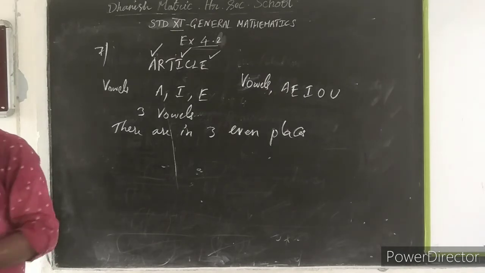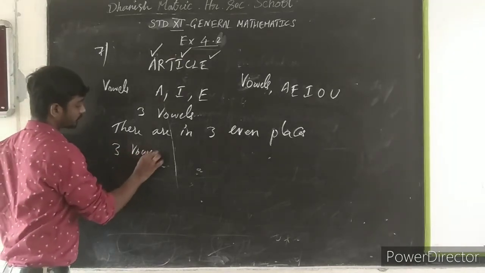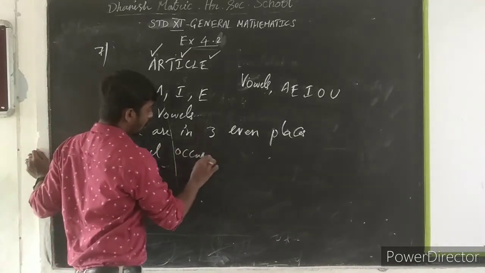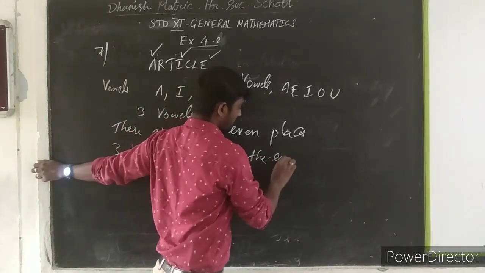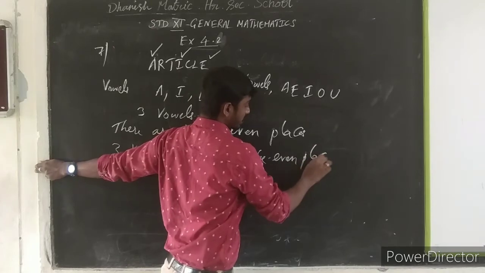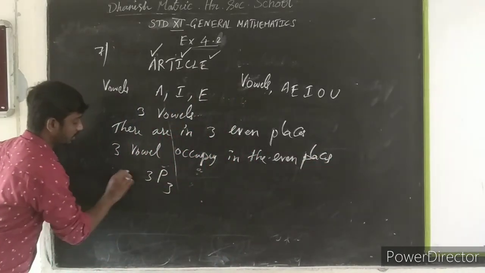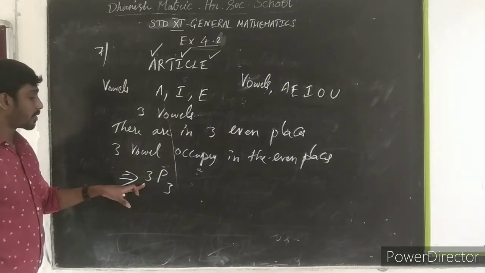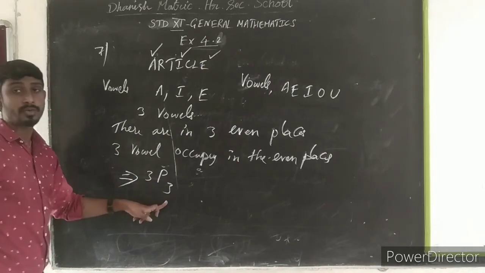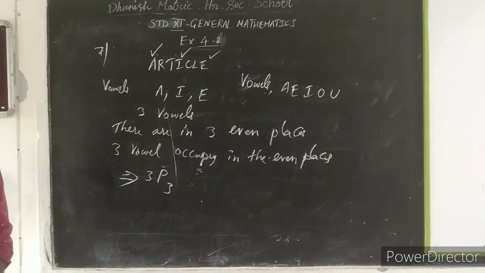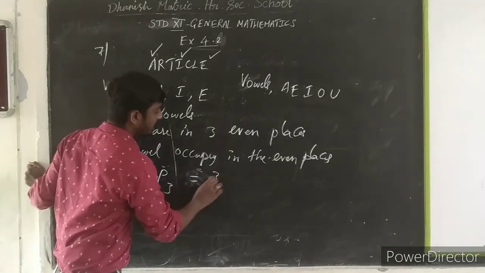3 vowels can occupy the even places. You have to write like this: the 3 vowels occupy the 3 places, that is 3 permutation of 3. That will be 3 factorial ways.